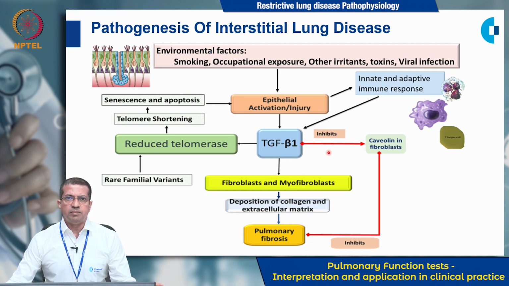And at the same time, you could see that transforming growth factor beta can block a protein called caveolin, which usually inhibits fibrosis. Since it has been blocked, it cannot inhibit the fibrosing process.